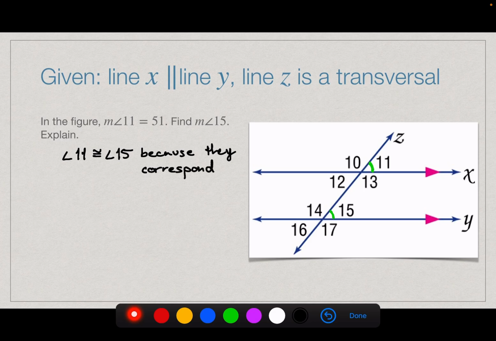They are corresponding angles, and therefore we can actually say that the measure of angle 11 is going to be equal to the measure of angle 15. And so, therefore, we can say that the measure of angle 15 is equal to 51.